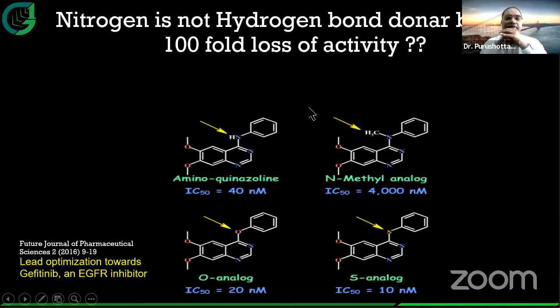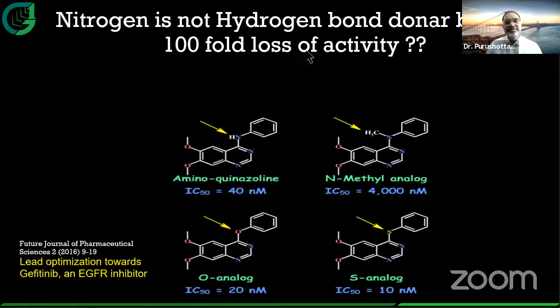See here in another example, we are seeing the aminoquinazoline. This is lead optimization of gefitinib, an EGFR inhibitor, a very popular one. The reference is Future Journal of Pharmaceutical Science, published in 2016.